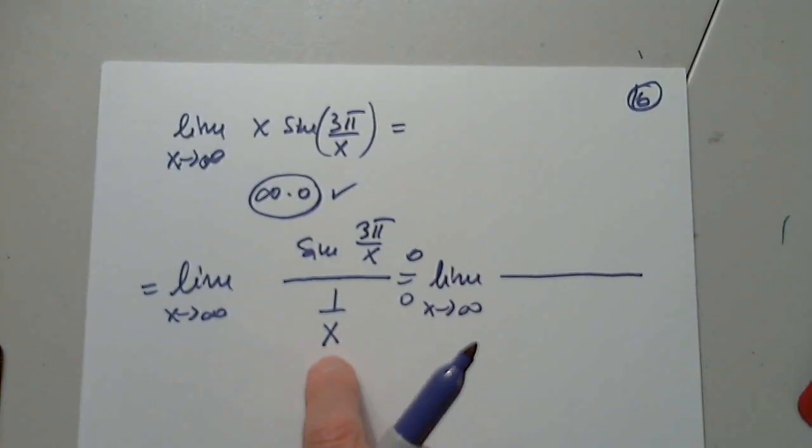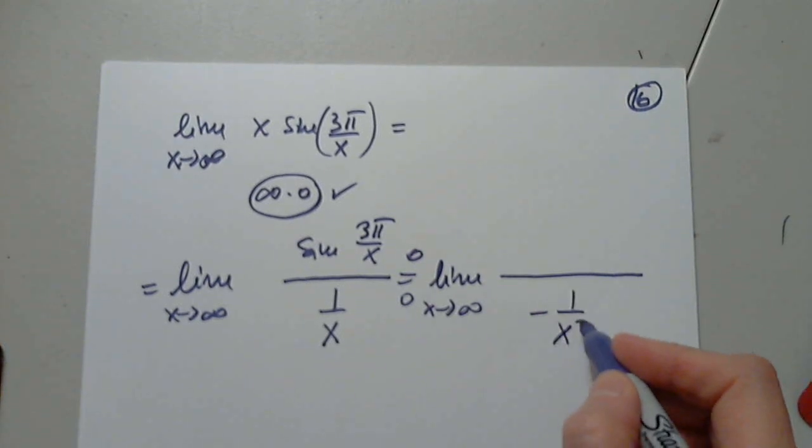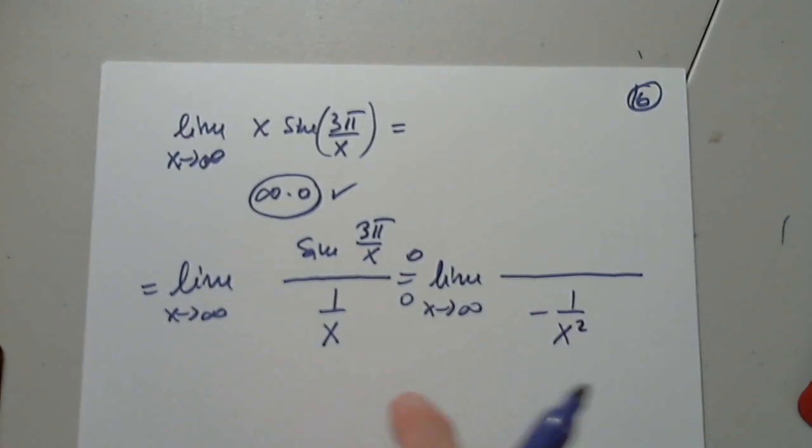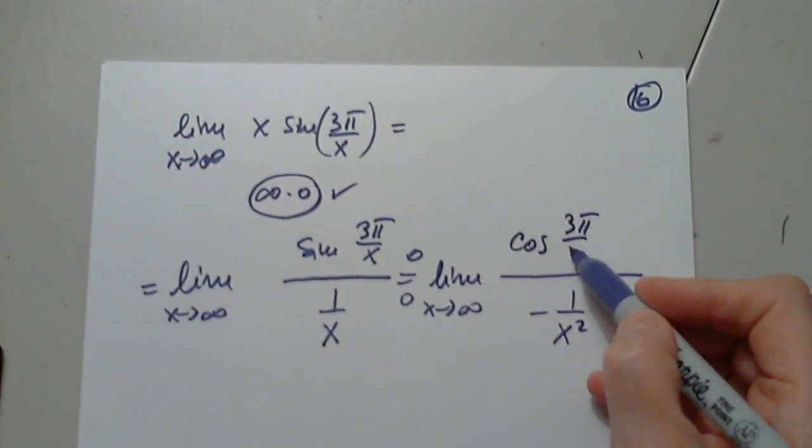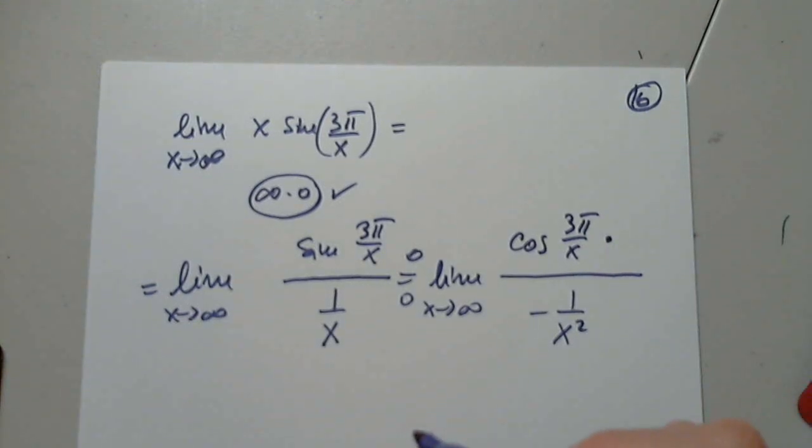Now careful with this. When we differentiate it, we should know this by now. This is a very important formula. And when I differentiate that, I do have cosine 3 pi over x, but times the inner function prime.